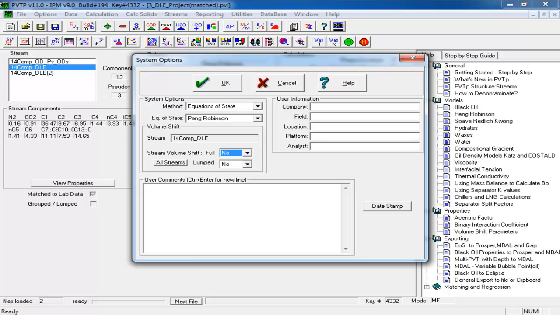This is V star. It's measured inside the lab. This is the real value which I should get. And this is the equation of state volume. So we have to shift this to this one.